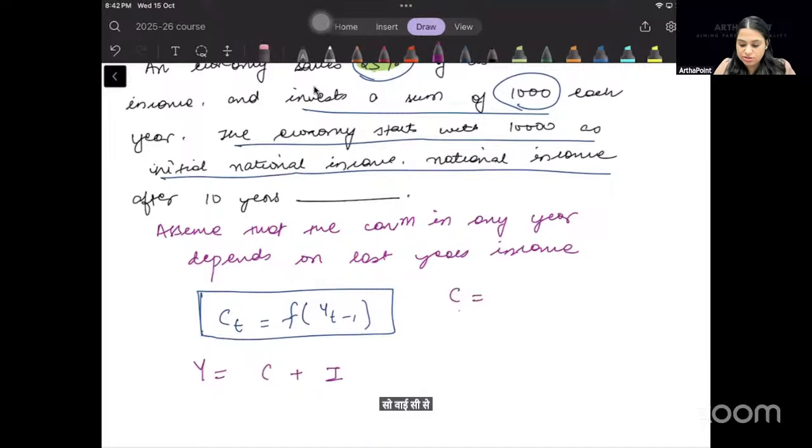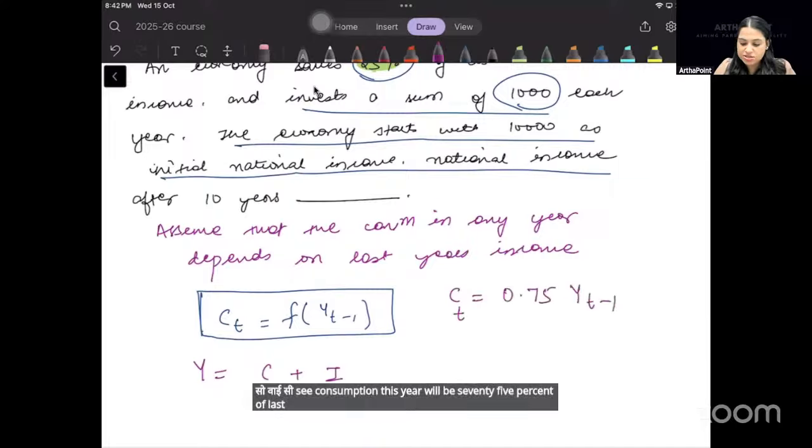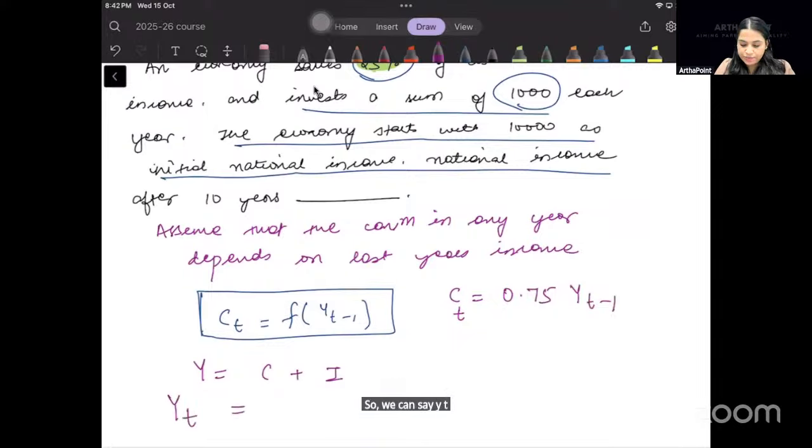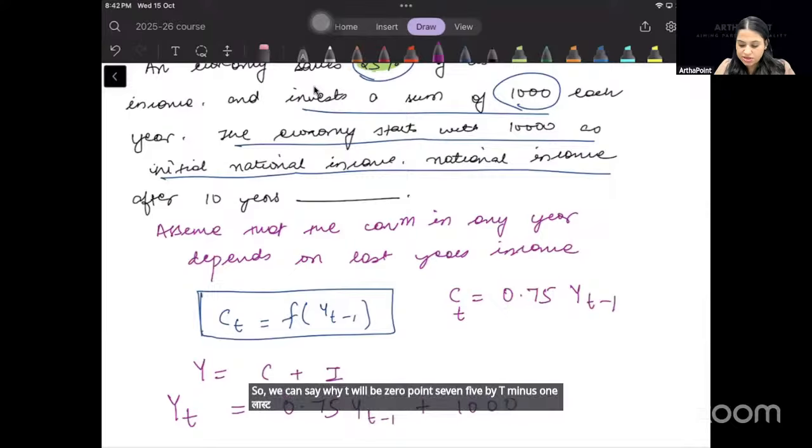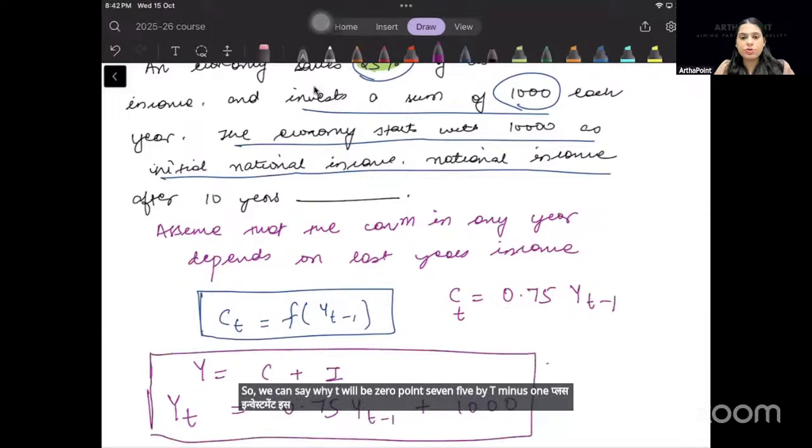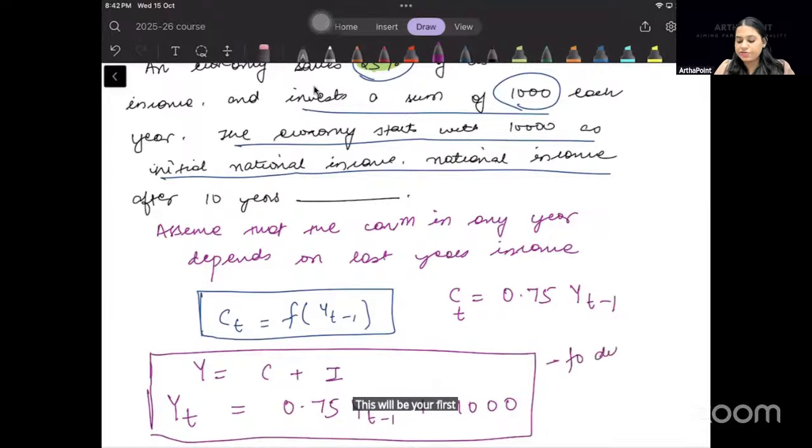C, consumption this year will be 75% of last year's income. So we can say YT will be 0.75 YT minus 1 plus investment is 1000. This will be your first order difference equation. First order difference equation will become this. Try it now.